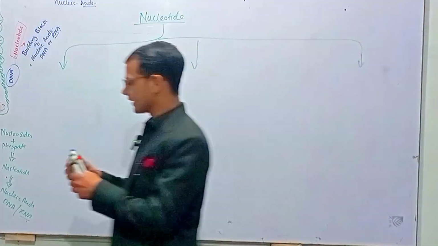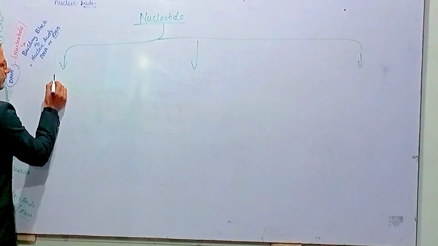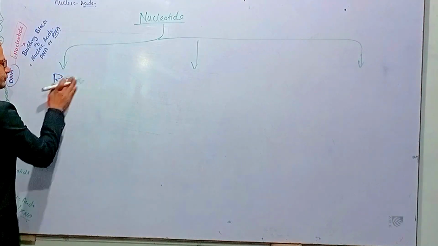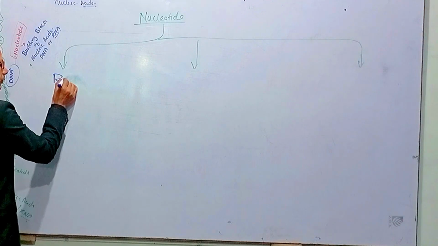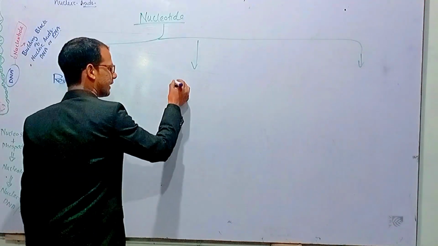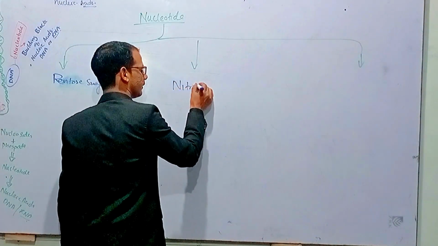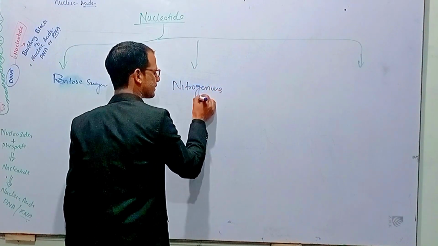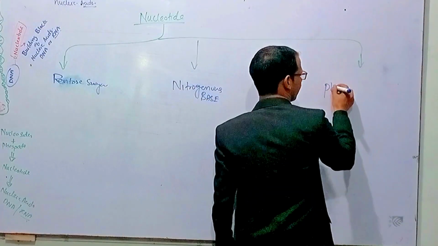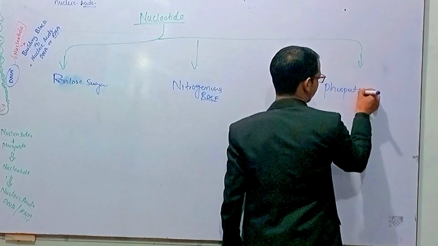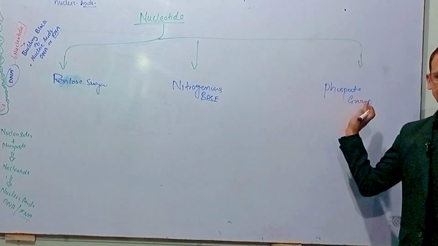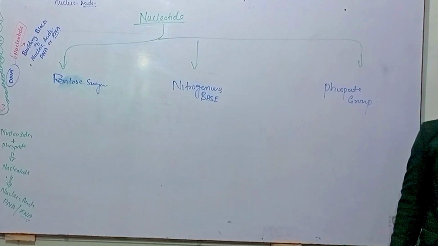The first one is ribose sugar, pentose sugar. The second thing is nitrogenous base. The third is phosphate group. Right? These three things collectively form nucleotide.